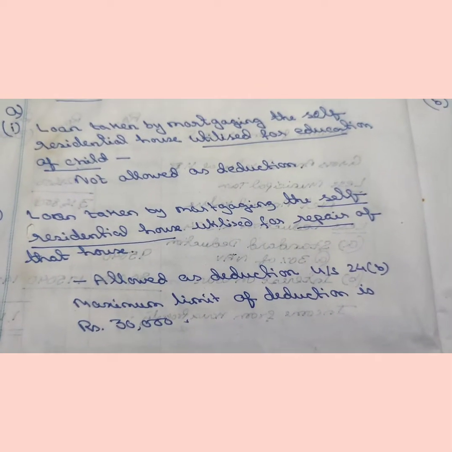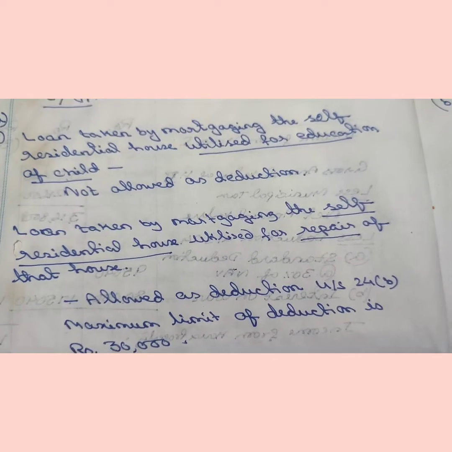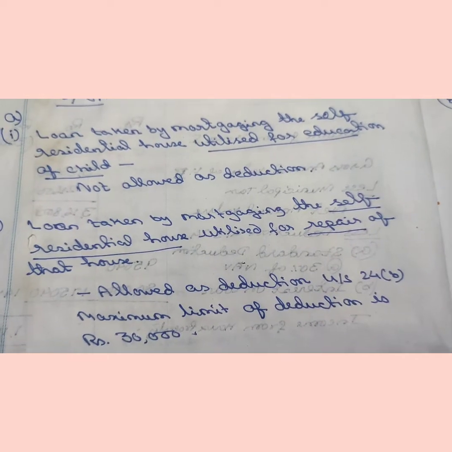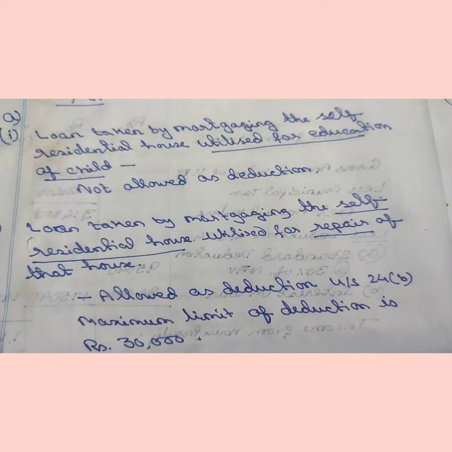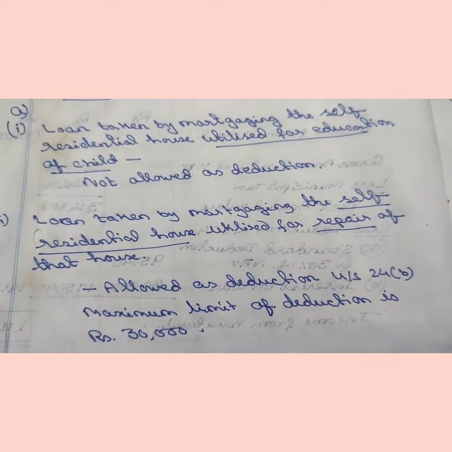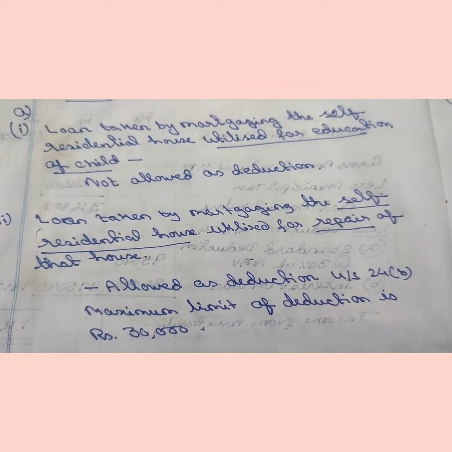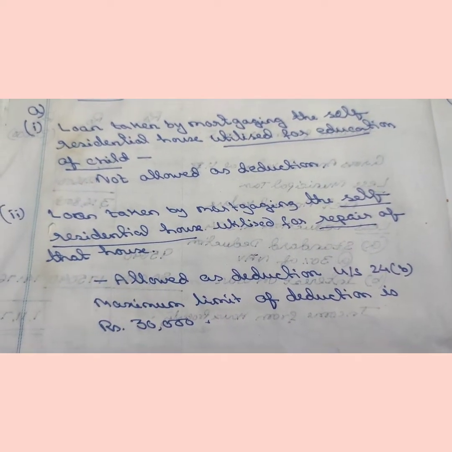I have underlined this phrase, self-residential house, utilized for repair of that house. Underline the repair. That means the house is used for self-residential purpose. Therefore, there is a maximum limit of interest on loan deduction, and the loan is taken for repairing purpose.